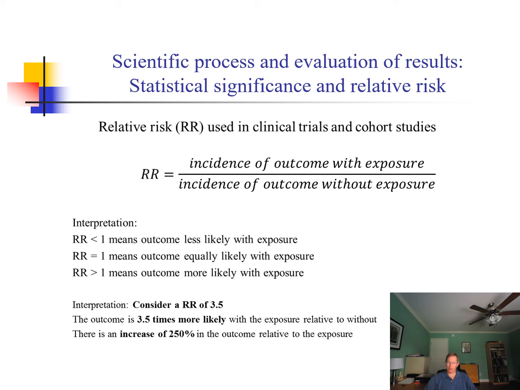The other is to say that there's an increase in a percentage. Now, if you went from 1 to 3.5, that's a 250% increase. So 1 to 3.5, the difference between that is 2.5, so that's 250%. And both relative risks in terms of times more likely or percentages are both reported in the medical literature.